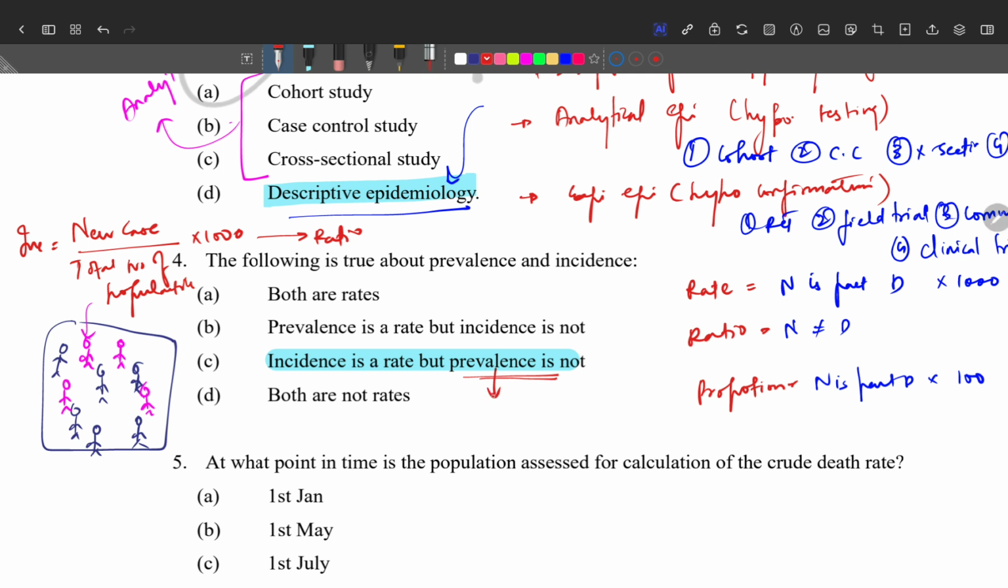So the formula of prevalence is number of new cases plus old cases divided by total population, into 100. So it comes in percentage, so it's a proportion. So prevalence is a proportion and incidence is a rate, so that's the right answer.